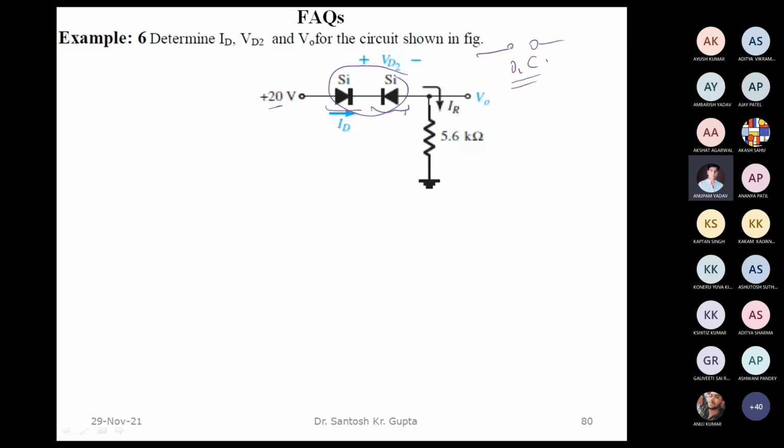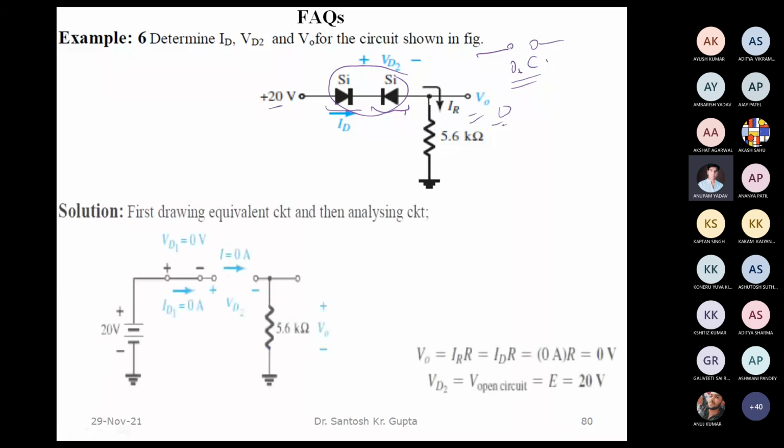So when we have such a case in which two diodes are connected back to back, we will see no current through them. So essentially here the current IR will become 0. The first diode appears as if it is on, whereas the second diode appears as if it is off, and there is no current.